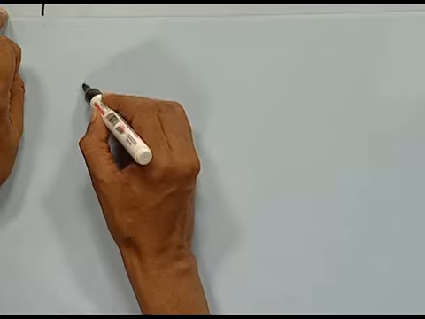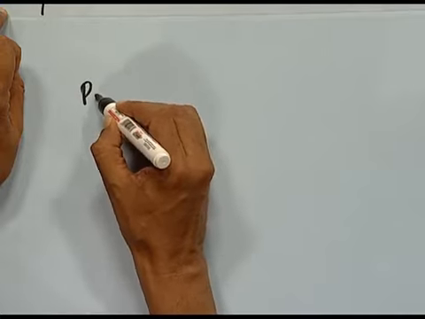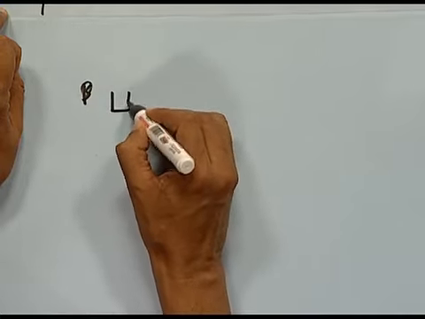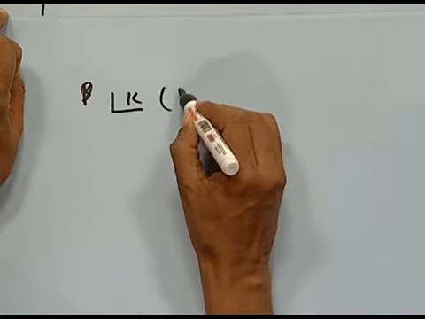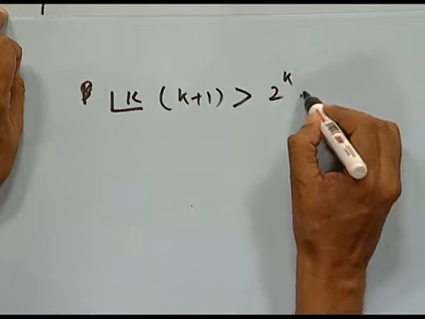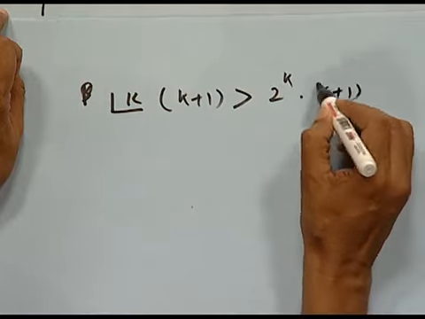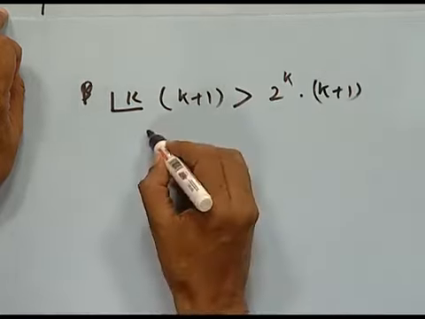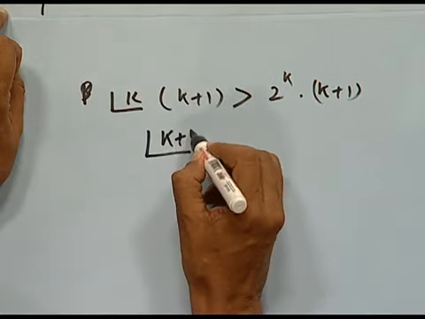Now, from this step we have to prove that P(k plus 1) is also true, and for that we have factorial k times k plus 1 is more than 2 raised to power k times k plus 1. This side becomes factorial k plus 1.